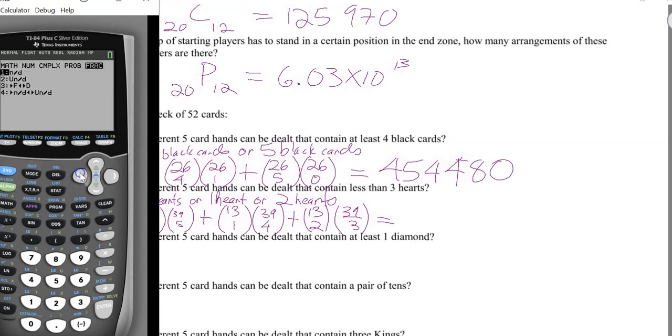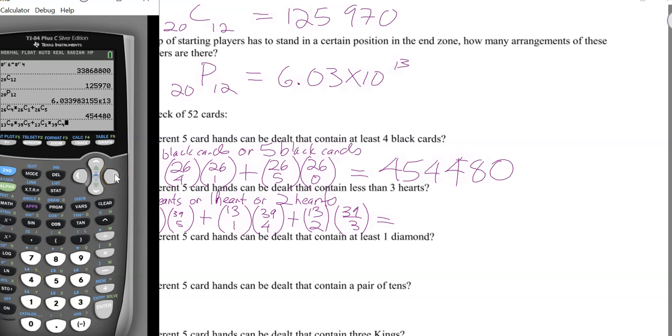13 math, it's going to take a while, 13 choose 0. Okay, make sure you kick up. You want to be up on the same line. 39 math choose 5. Or, right, remember plus, 13 choose 1. Math choose 1. And, right, this is multiply, and so 1 heart and 4 non-hearts. 39 choose 4.